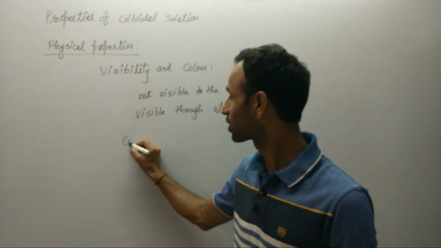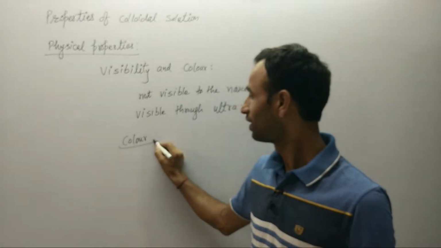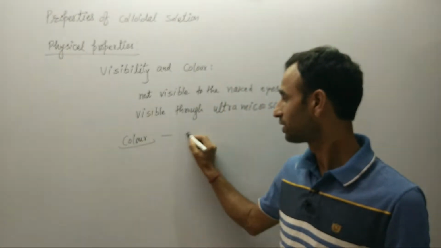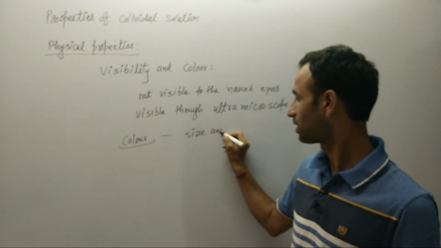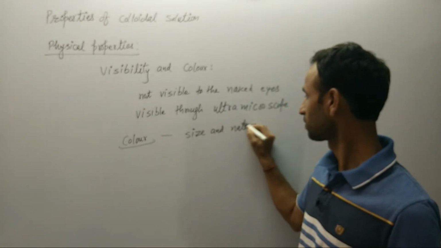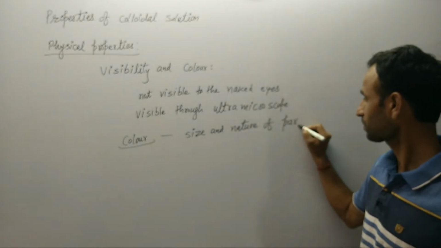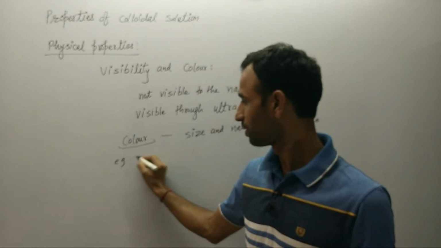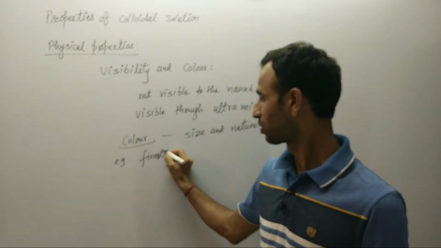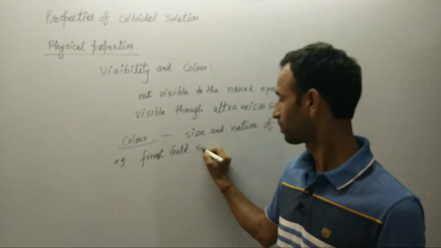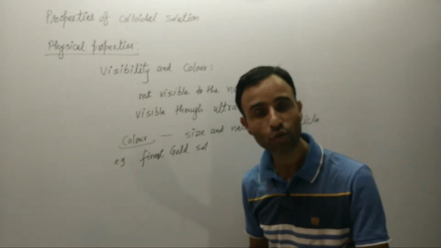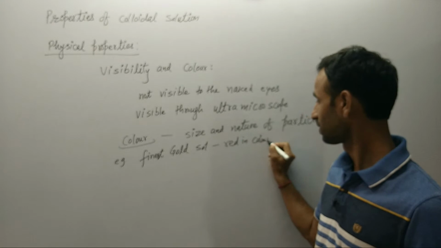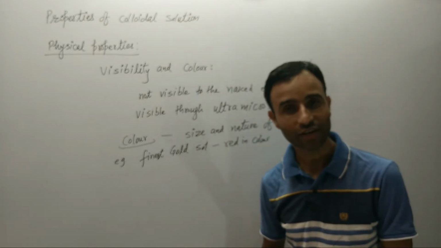Now color. So color of the colloidal particles depends on the size and nature of particles. For example, finest gold sol is red in color.